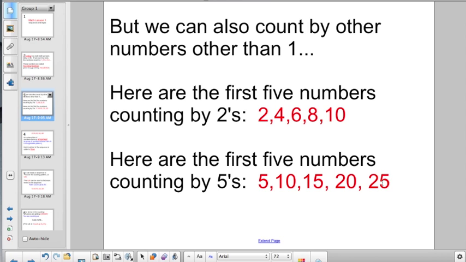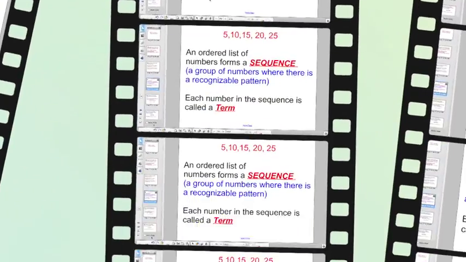So this might be the spot where some kids are going, boy, I don't know about this, but I'll believe you if you say so, Mr. Hines. But if you're not sure, hit pause right now and just do the math however you need to figure it out to make sure you understand what I'm talking about here.